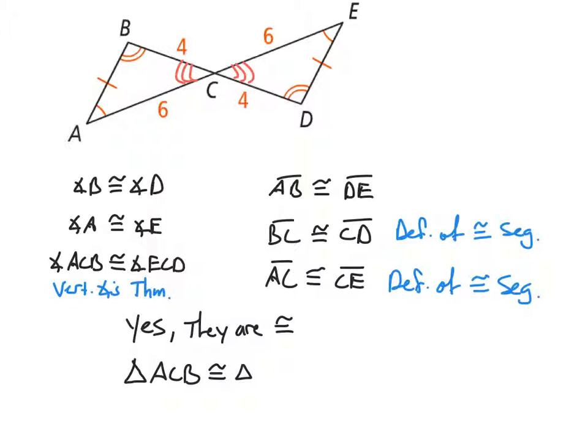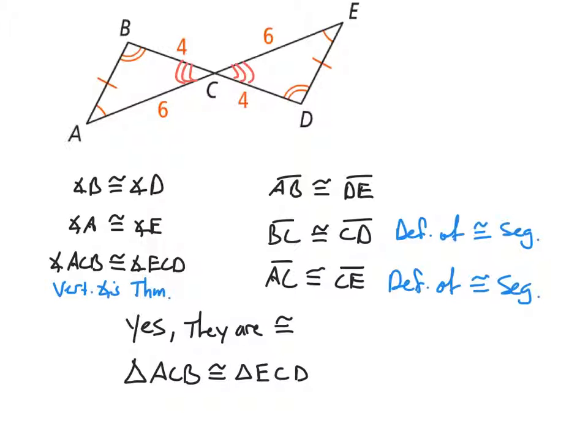So angle A helps to go angle by angle. Angle A is congruent to angle E. And then angle C in the first triangle, so we're actually talking about angle ACB, is congruent to angle C in the second triangle, angle ECD. And then angle B is congruent to angle D.